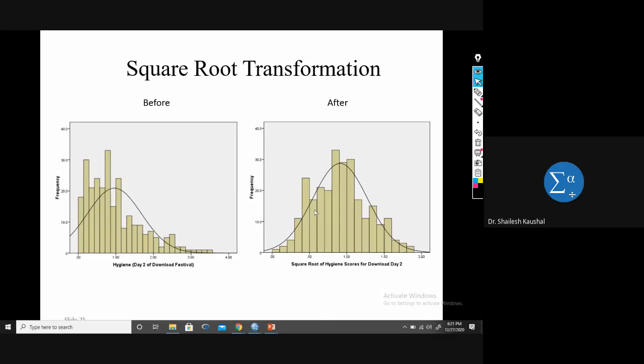So there are three methods: log transformation, square root transformation, and inverse transformation. I will perform all these techniques through SPSS.